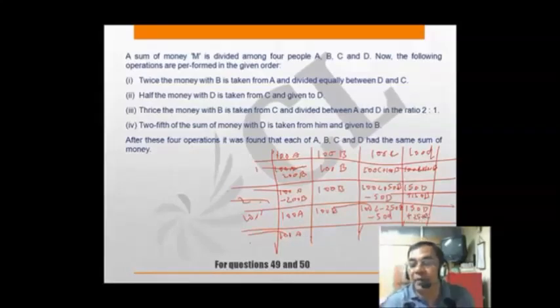Two-fifths, that means 90D plus 150B is given to B. So 250B, no, 200B, 100 has been given, plus 60D.